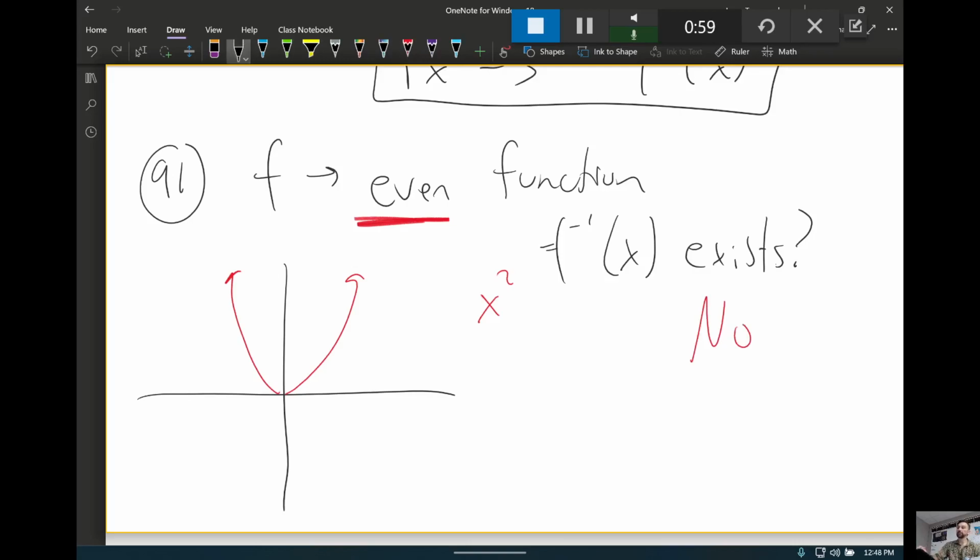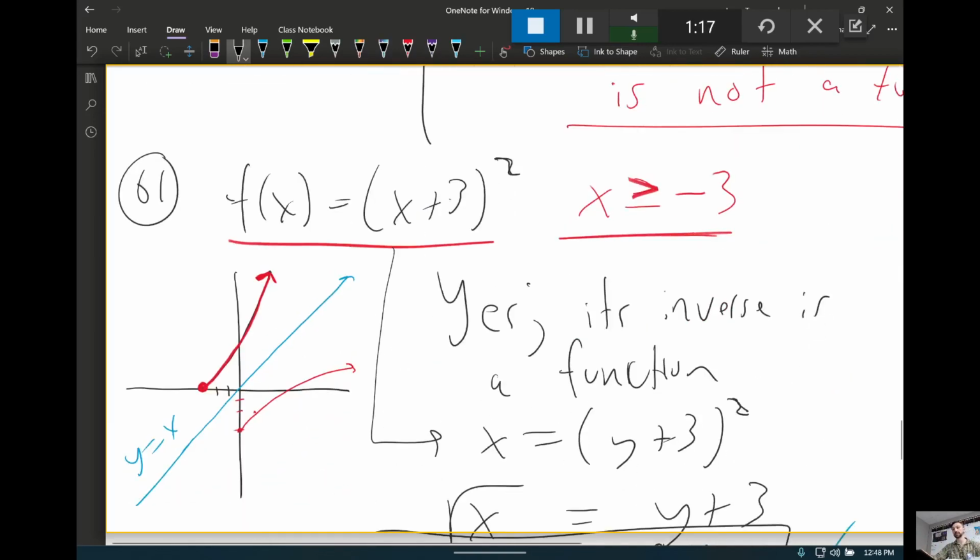Right, and so if an even function is always symmetrical to the y-axis, that means that anything that's over here has to be over here, which guarantees it's going to fail the horizontal line test. So an even function by default does not have an inverse function.